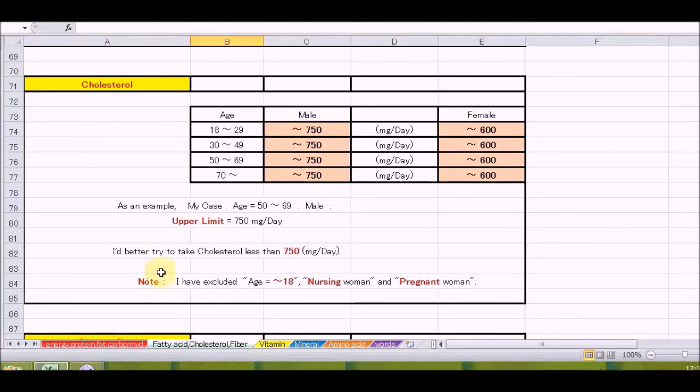So I'd better try to take cholesterol less than 750 milligram per day. I have excluded age under 18, nursing women, and pregnant women.